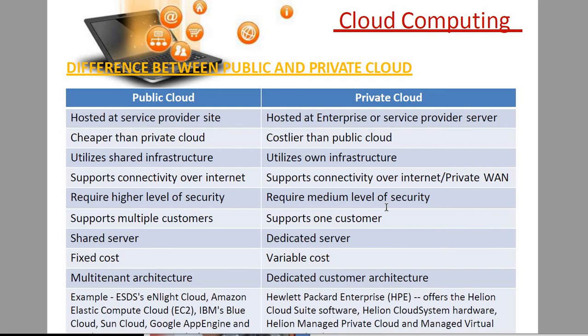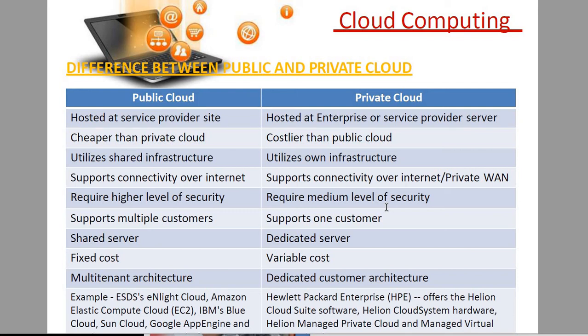Public clouds support multiple customers and private cloud supports one customer. Public cloud uses shared servers, private has a dedicated server, because that server is only for the organization. No other one can share that server on the private cloud.